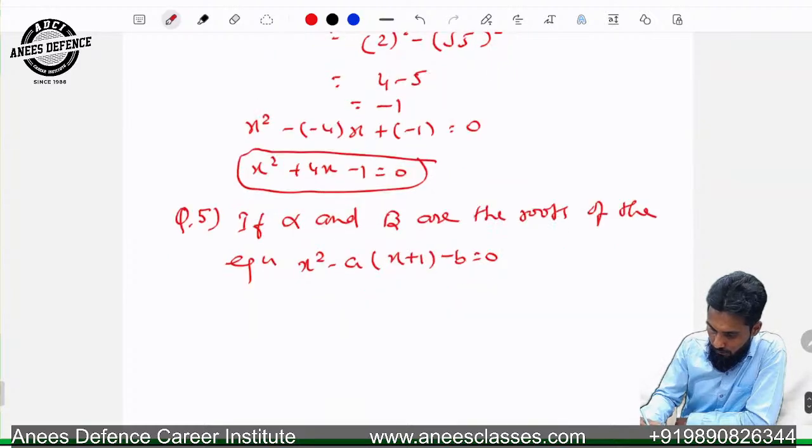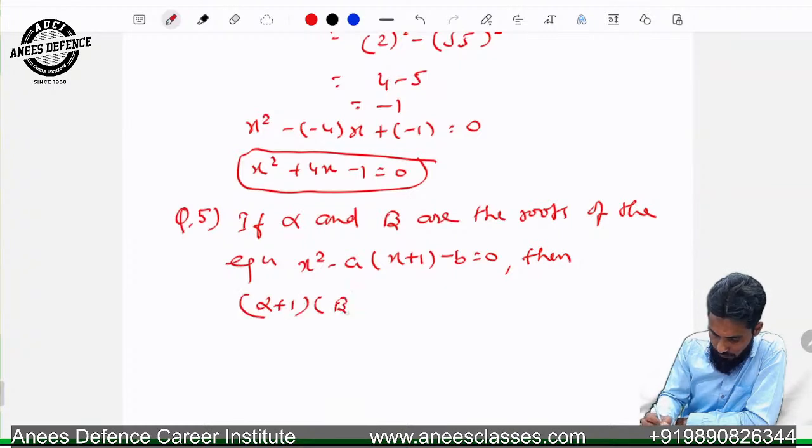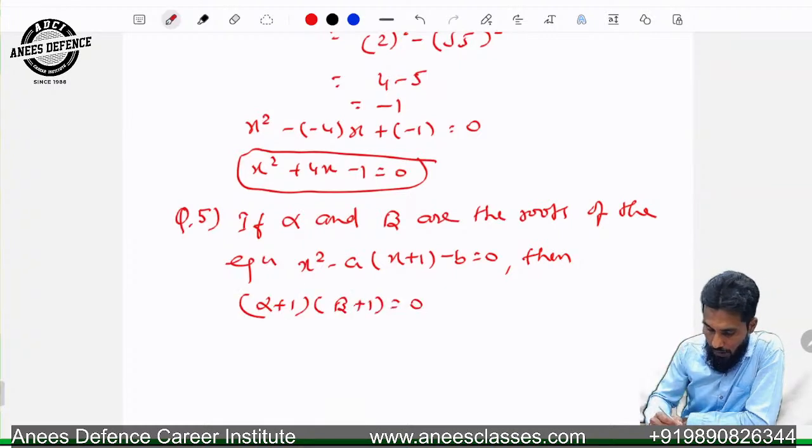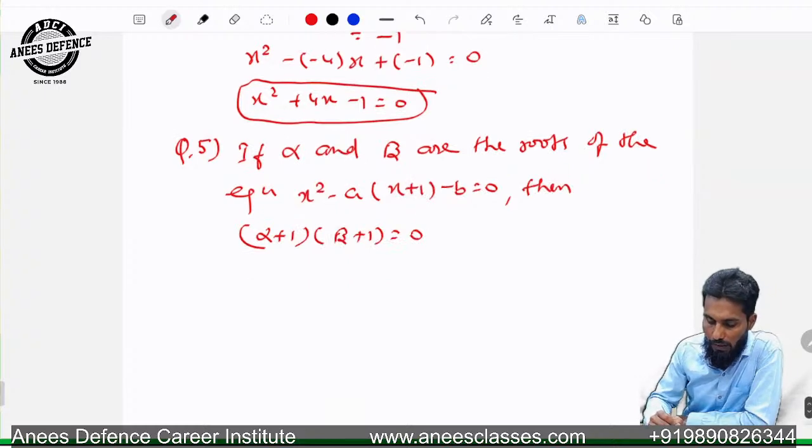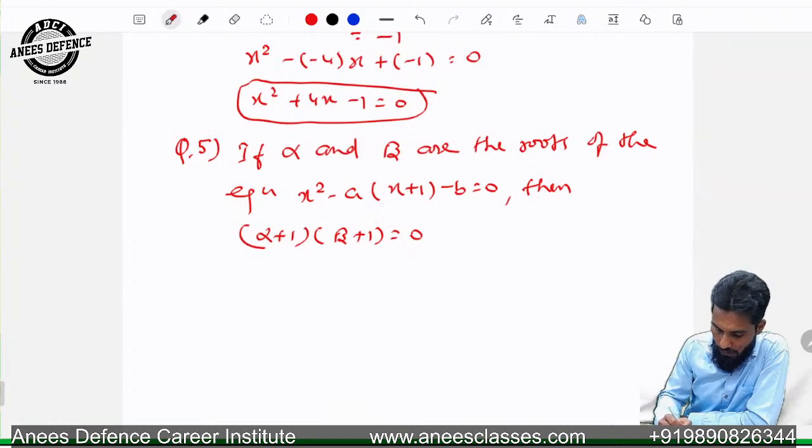Then what is the value of alpha plus 1 multiplied with beta plus 1? They are asking this value. So our duty is to first find the values of alpha and beta, or we can also find at least the sum of the roots and the product of the roots. So I am solving this one for you.